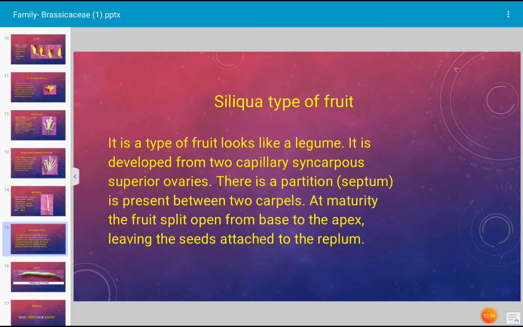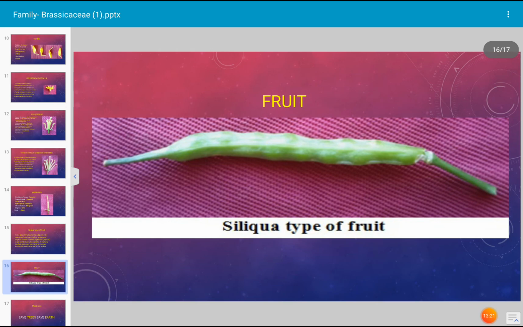At maturity, the fruit splits open from base to apex, leaving the seeds attached to the replum. It looks like a legume type, but it is not a legume. Photograph is here. This is the siliqua type of fruit.